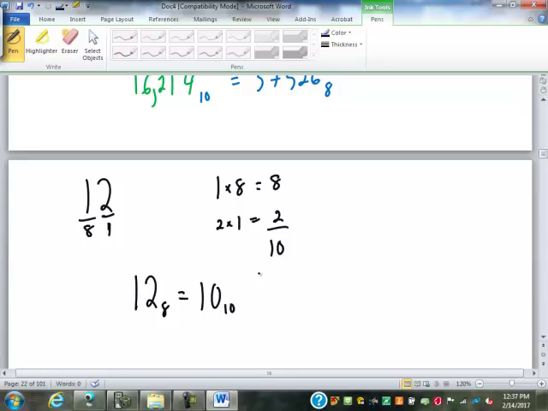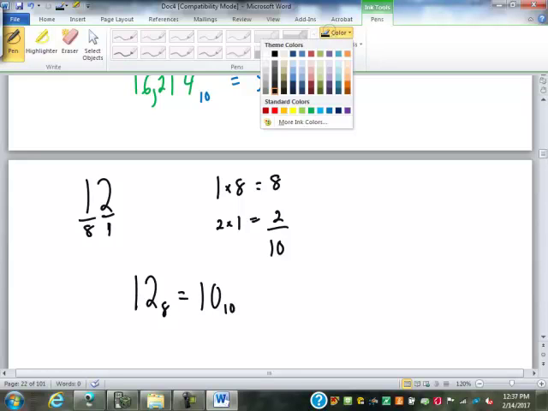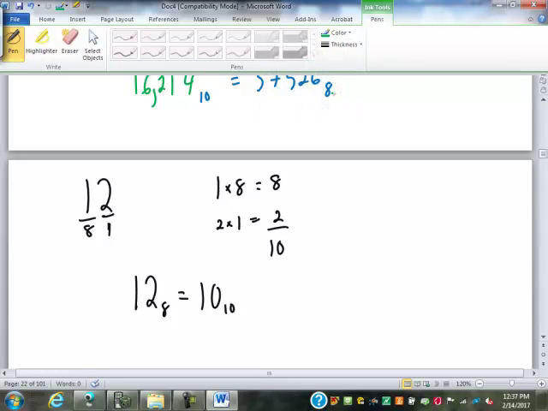Does that make sense? No? So basically what we're looking at is we're putting slots in here. Whatever goes in this slot is times 1, just like in our standard numbers. Whatever goes in this slot is times 8. Not times 10 anymore, it's times 8. Whatever goes in this slot is times 64.